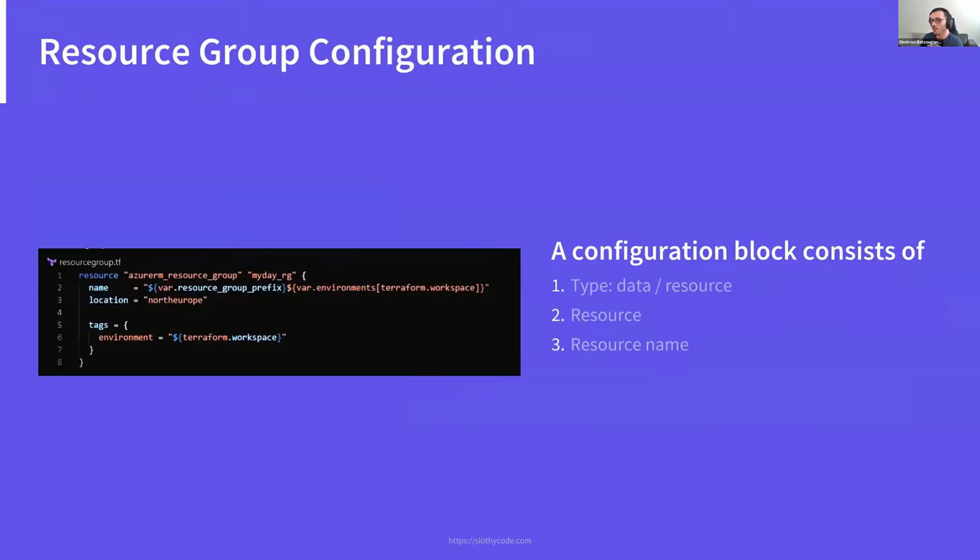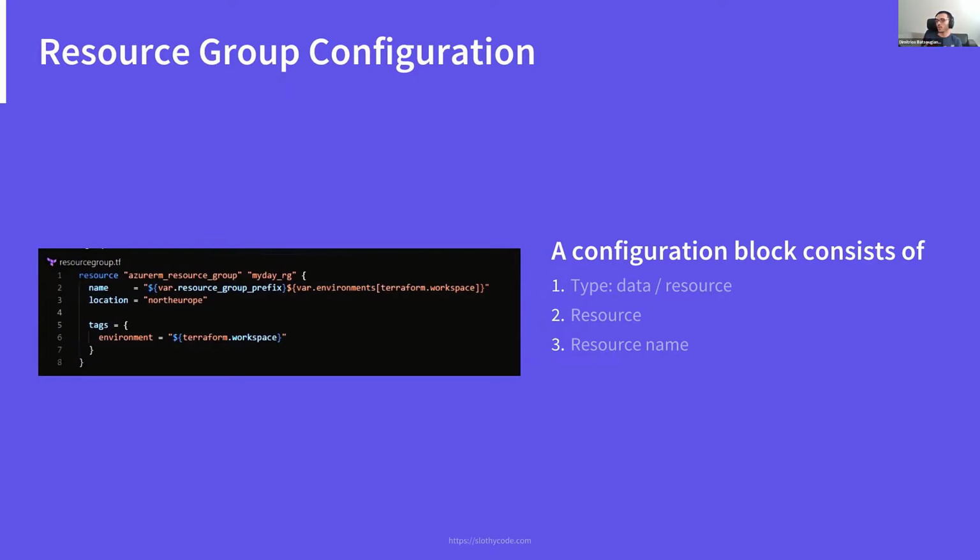Now let's jump into how a configuration block looks like. It consists of 3 parts. First is the resource. We use the word resource or the word data depending on how we want Terraform to interpret this block. So using the word resource means that for Terraform, it will go and create our resource in the account.